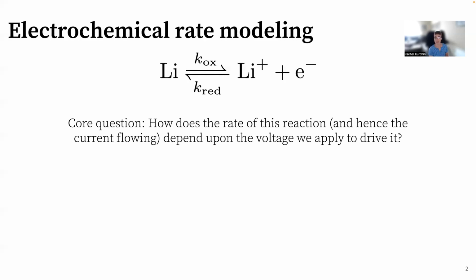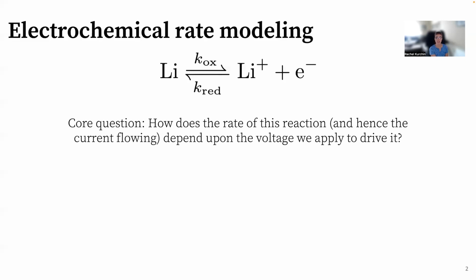And I've chosen lithium here as a very illustrative and suggestive example. Electrochemistry is extremely important in energy storage via batteries and other important energy technologies as well, such as electrochemical capacitors, electrocatalysis for chemical synthesis, and a variety of other processes.